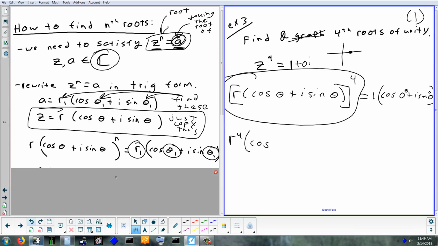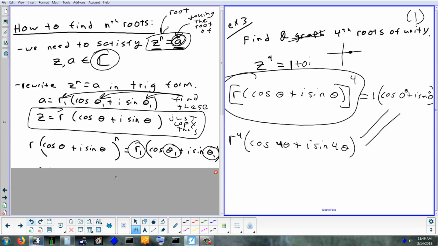Now, how do you get your angle? Multiply the angle by the power, by 4. So cosine 4 theta, I sine 4 theta. That's the left-hand side done out. I'm just going to put equals so I don't have to write the right-hand side again.